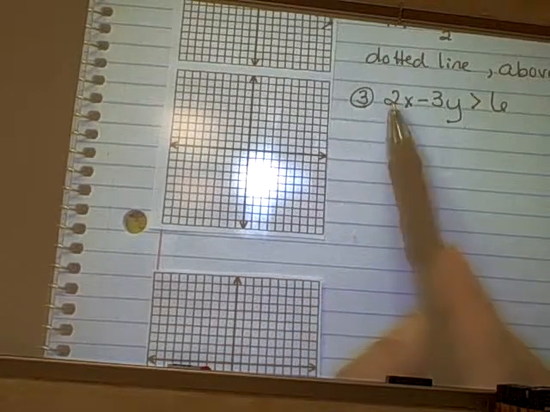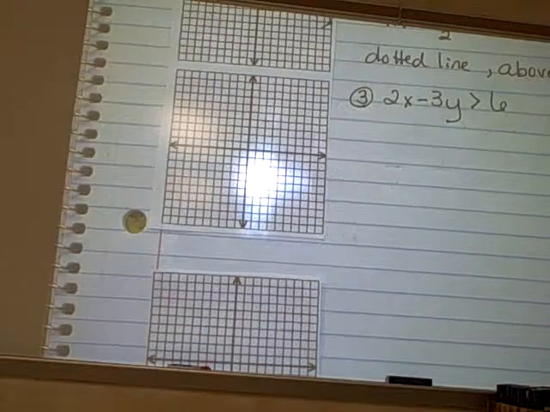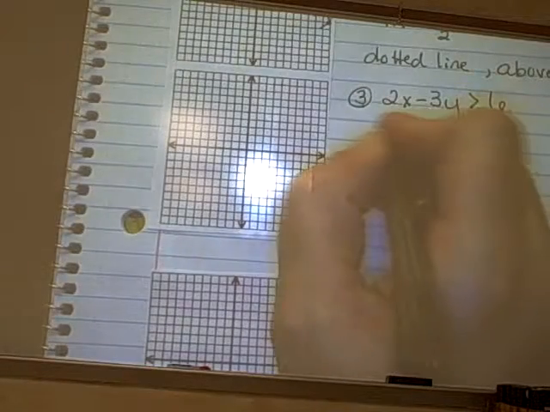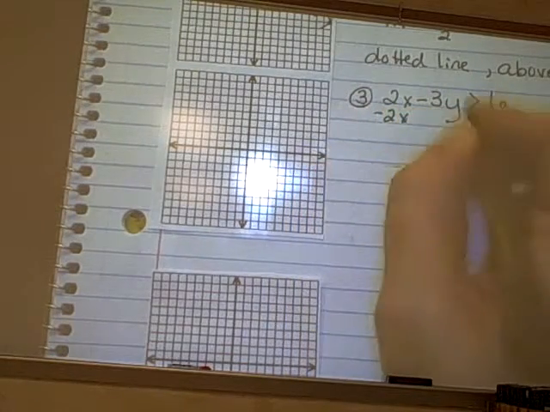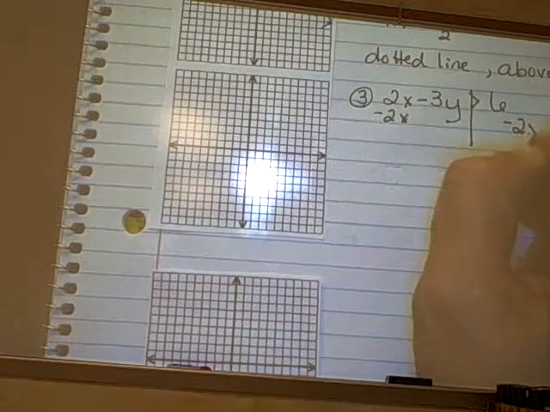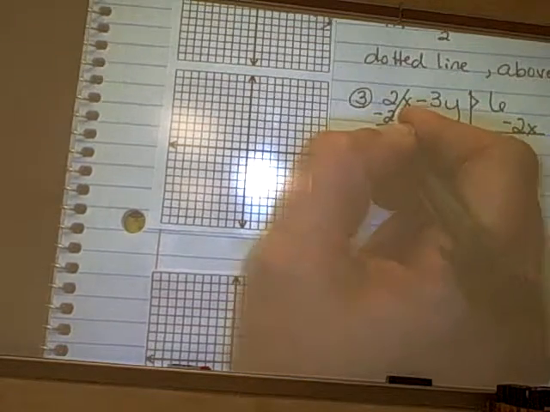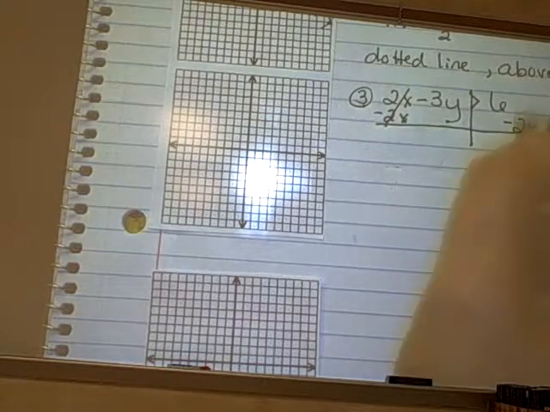So start by moving this over here. If I want to move 2x to the other side, it's positive right now. I need to subtract it. So we're going to subtract 2x from this side, subtract 2x from this side. Here they cancel, but over here it doesn't really have anything to go with it.